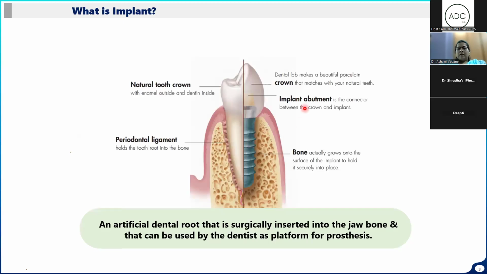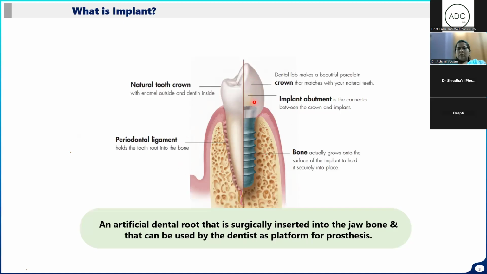Whereas the right hand side shows the dental implant. In the bone, we have placed a screw-like structure, that is the implant, and it adheres with the bone by a process known as osseointegration, which we will see in the further lecture. Then this is the implant abutment, which is the connector between the crown and implant. The crown is the artificial one, made by the dental lab.